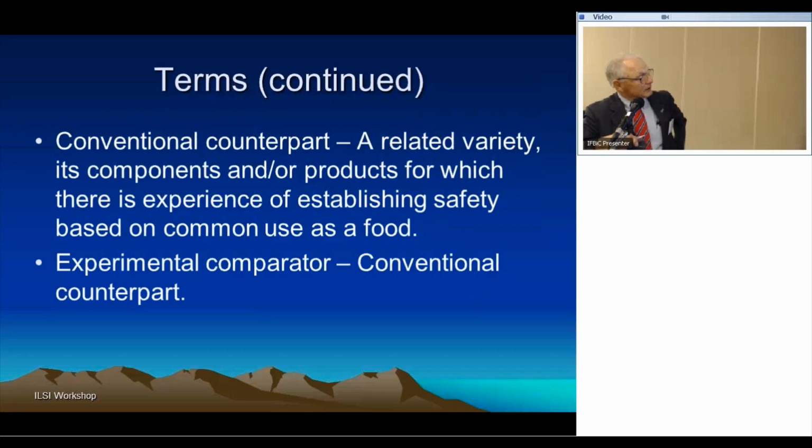Conventional counterpart, a related variety, its composition or products for which there is experience of establishing safety based on common use as a food. That comes from the OECD documents. Experimental comparator, conventional counterpart.